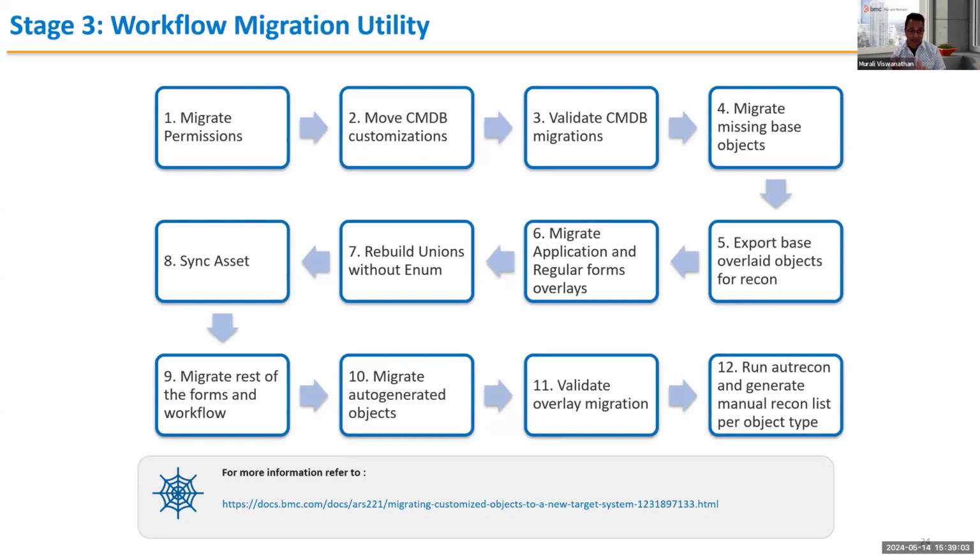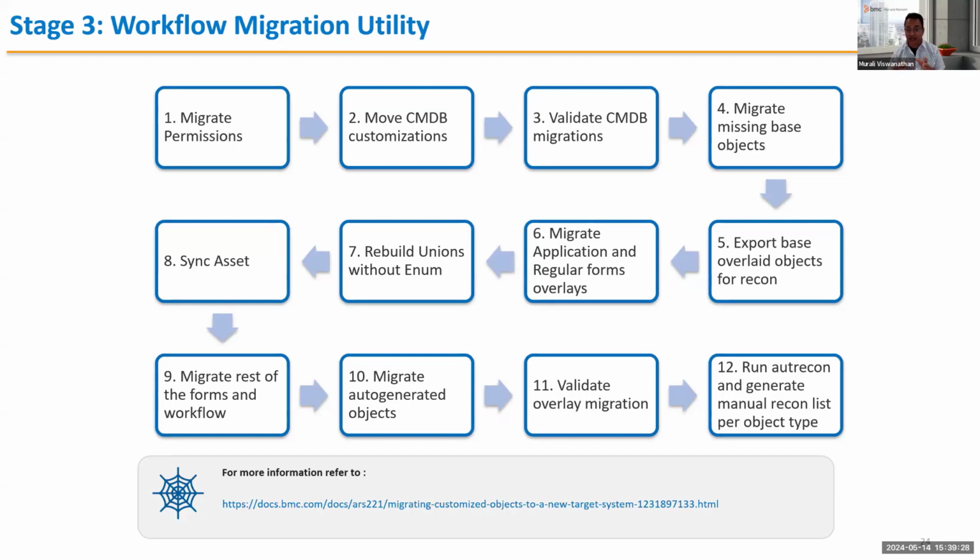That makes sure your CMDB and asset are in sync for the lifecycle attributes. It'll rebuild any unions, forms, and all that. It'll also bring in your traditional customizations and overlay objects. And finally, it'll run something called auto reconciliation. Let's say you have an overlay on an object where you've made a change to a field, and BMC also made a change.